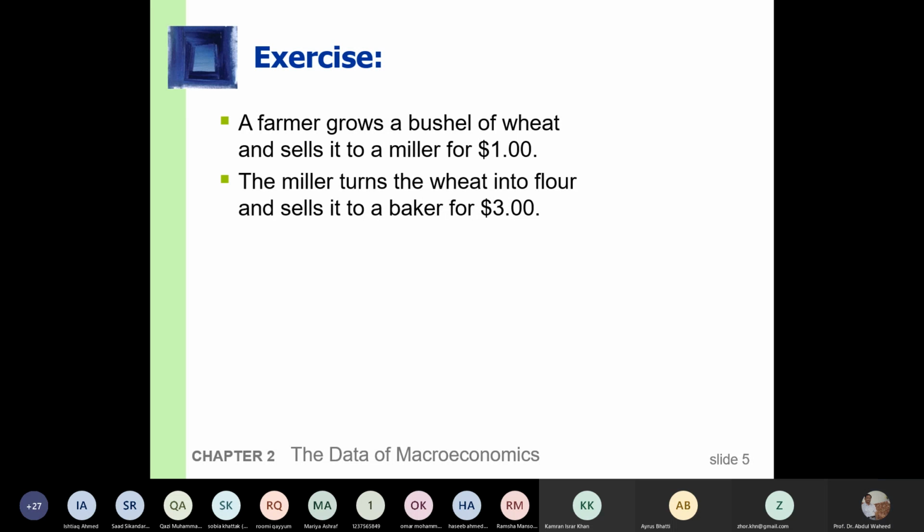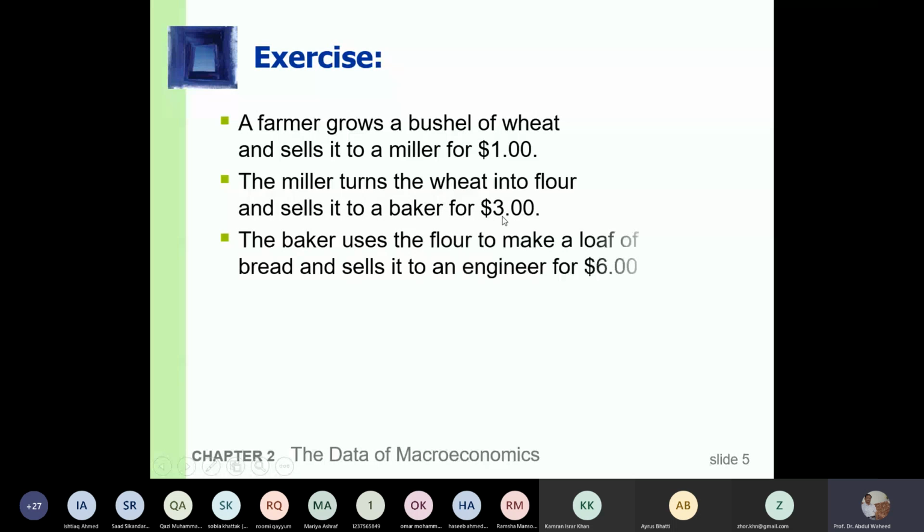So selling price minus cost of production, that is your value added. So 3 minus 1 is $2. So in the first case value added is $1 because your cost is 0, and here the value added is $2.